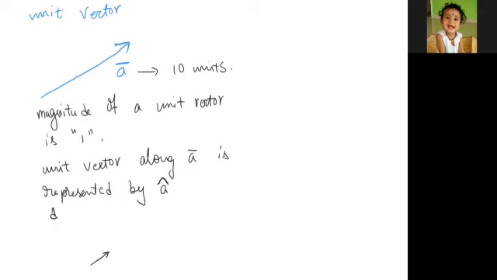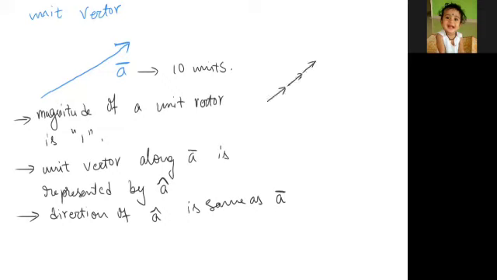Direction of a cap is same as a bar. So if you draw a bar like this, a cap like this, then 10 such a caps is nothing but a bar.